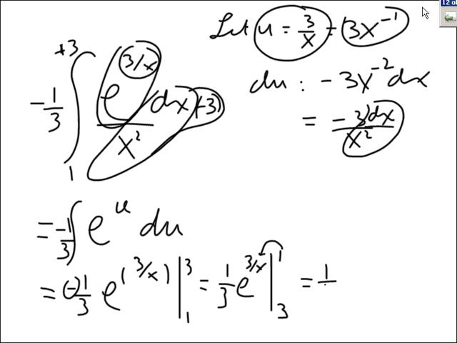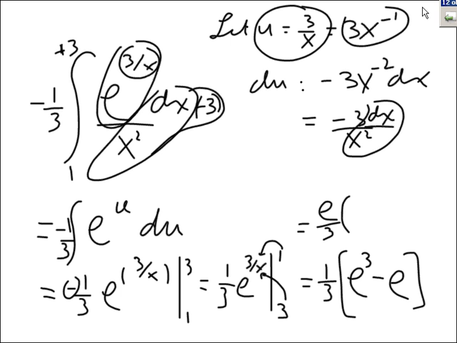The third's going to factor out, I hope you see that. You plug 1 in, you get e to the 3, minus, you plug 3 in, 3 over 3 is 1, and you get e to the 1, or e. And there's the answer. I guess you can factor out an e, and then you get e squared minus 1.